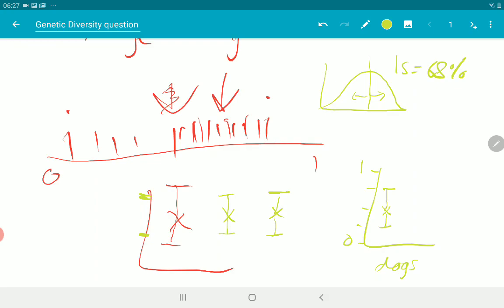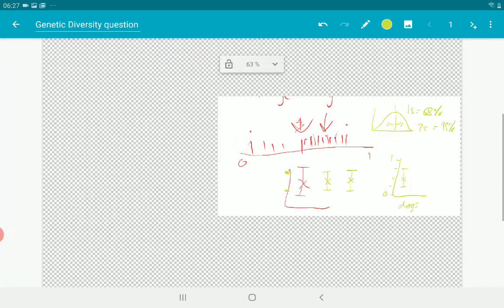And two standard deviations would include 95% of the data points. All right, if it's a normal distribution, one standard deviation will include 68% of the data points, and two standard deviations will be 95% of the data points. Okay.